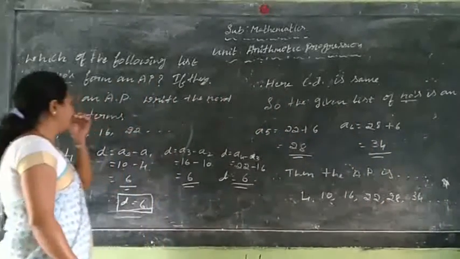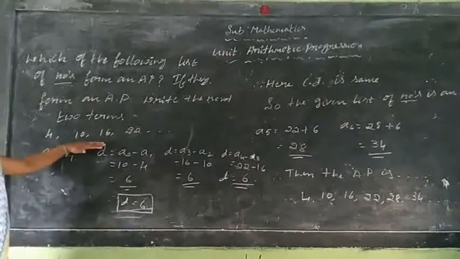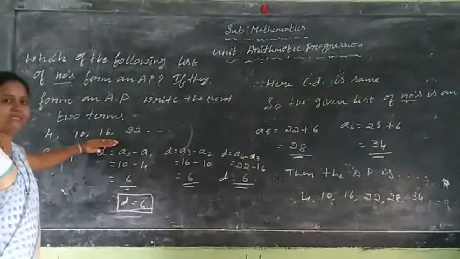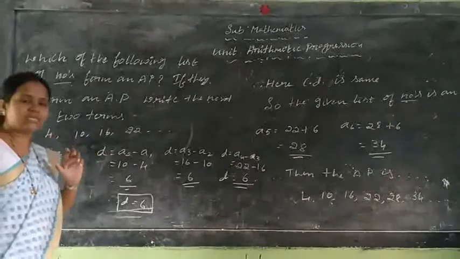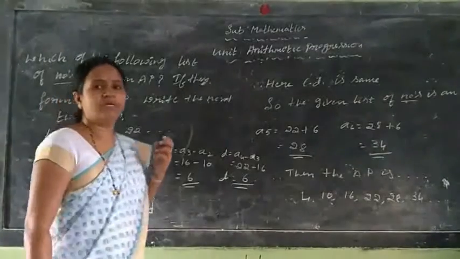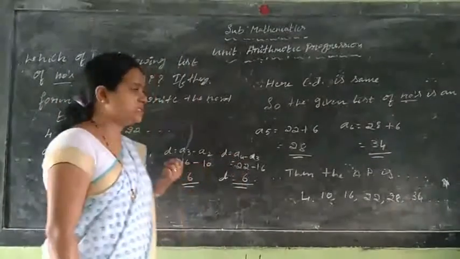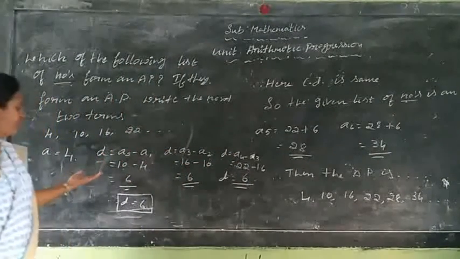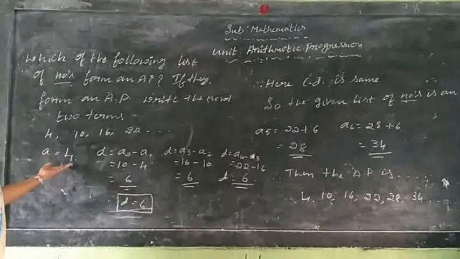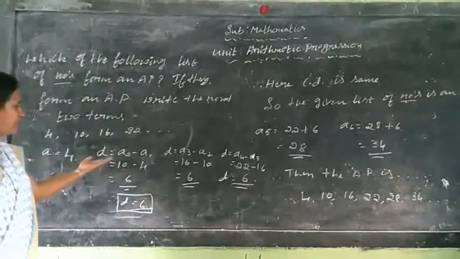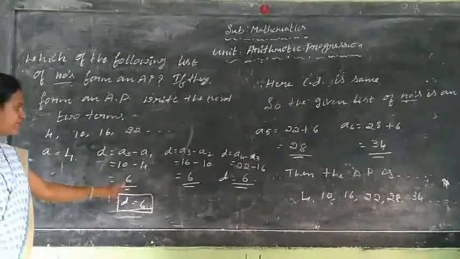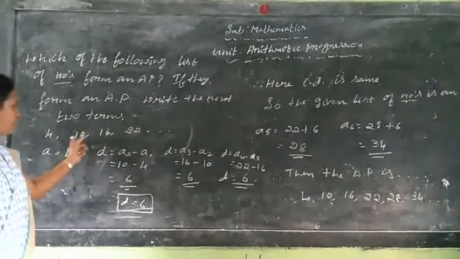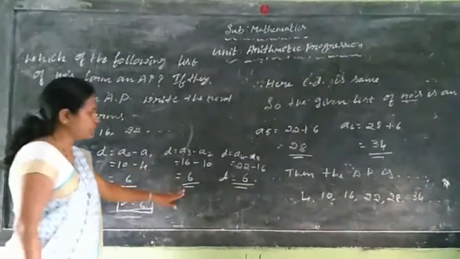Okay, I'll explain once again. See, here they are given a list of numbers. We have to find out whether the list of numbers is an AP or not. So, in order to say the given numbers are in AP, there should be the same common difference. So, we'll find out the common difference, children. The value of A is 4. Common difference means A2 minus A1, that is 10 minus 4, which is equal to 6. In the same way, A3 minus A2, 16 minus 10 is equal to 6.